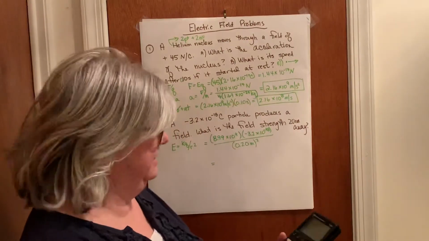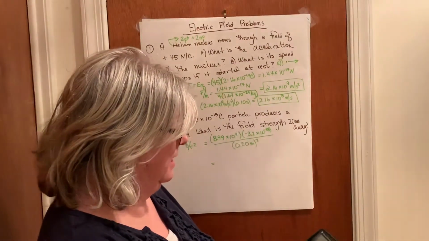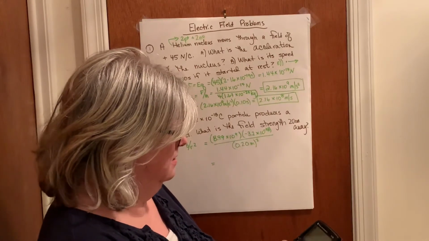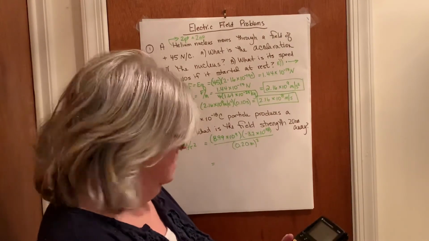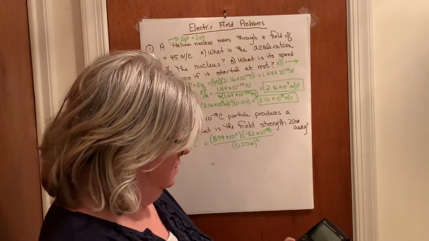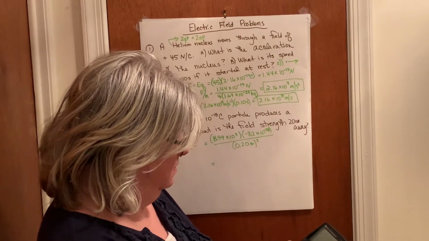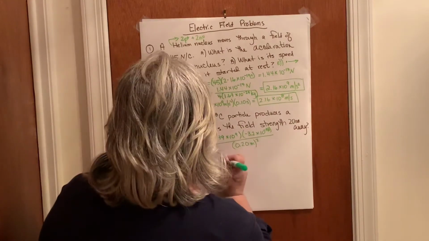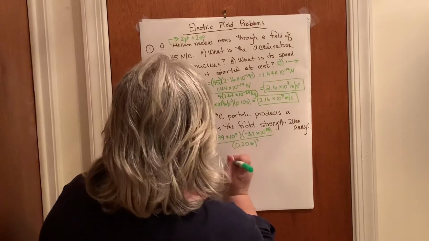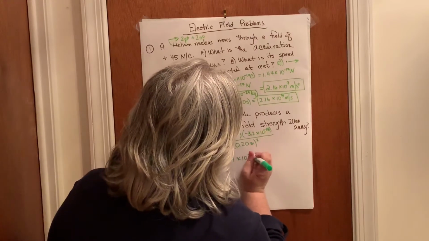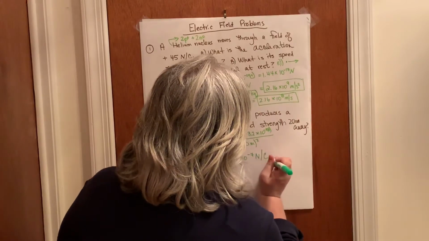I hit that into my calculator and I get a field of negative 7.19 times 10 to the negative 7th newtons per coulomb.